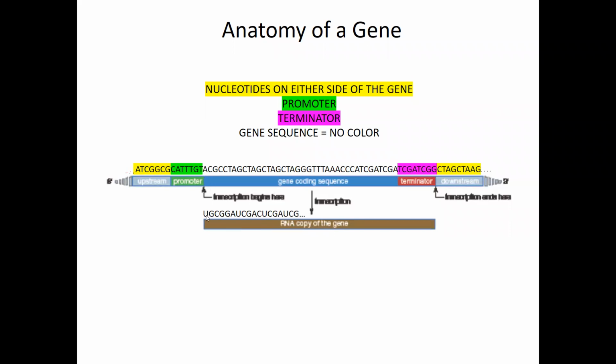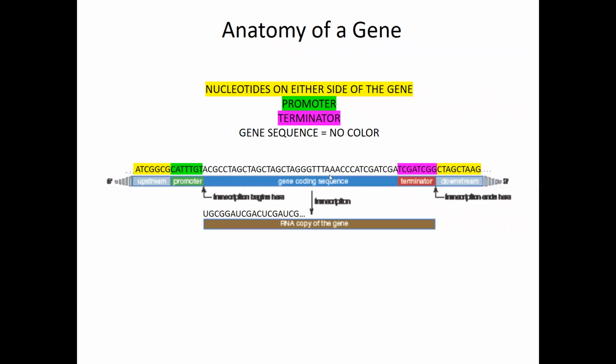And so A is complement to U, C is complement to G, G is complement to C. So you could draw lines or arrows to see that for every one of these genes, this sequence is on DNA and it's from your parents and it is the sequence that it is, and it represents a protein.